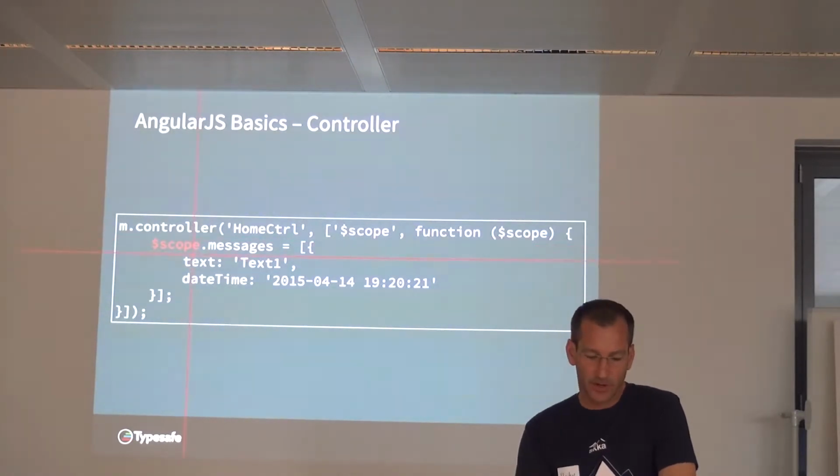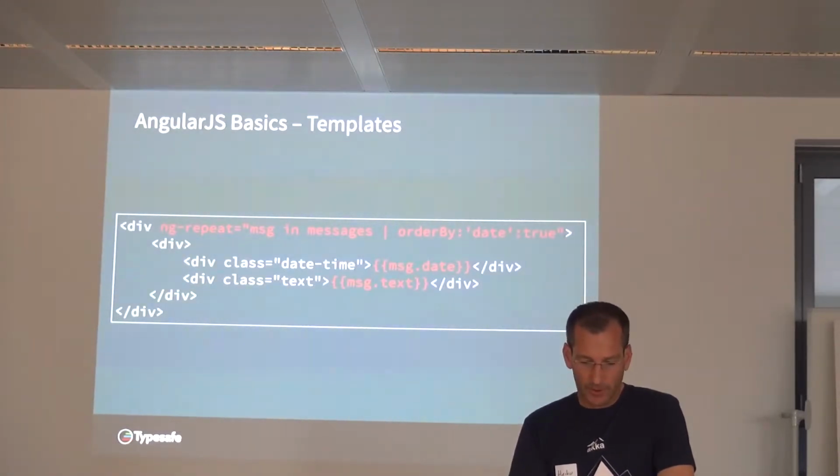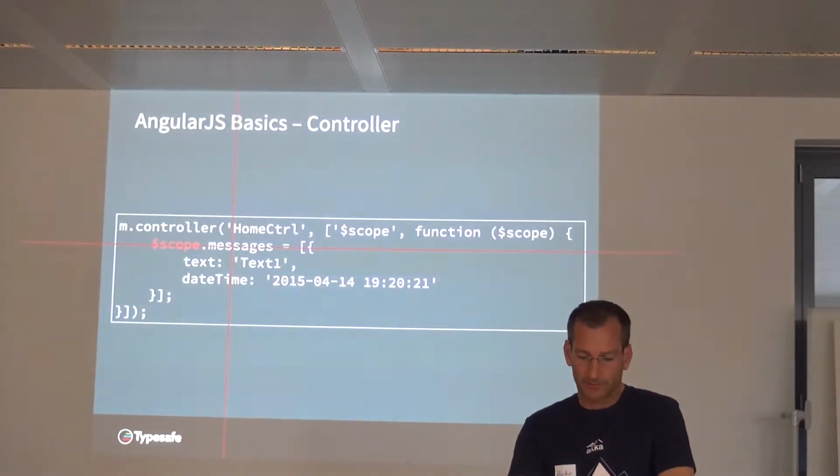So in this case here, we define the messages variable in the scope and initialize it hard-coded to some dummy output, as you can see here, text1 and some date, right? And going back here, you can see the link messages is extracted from the scope, which is defined here.